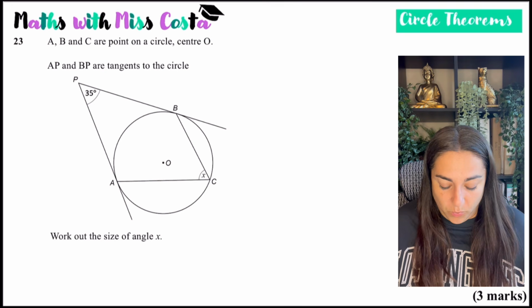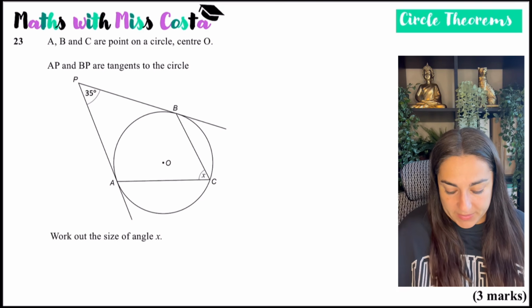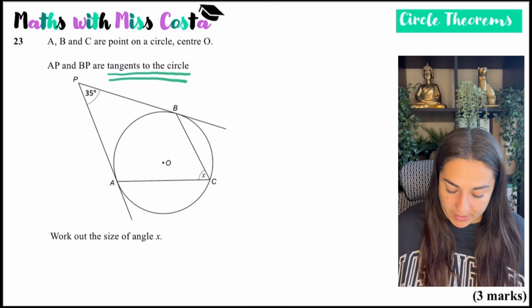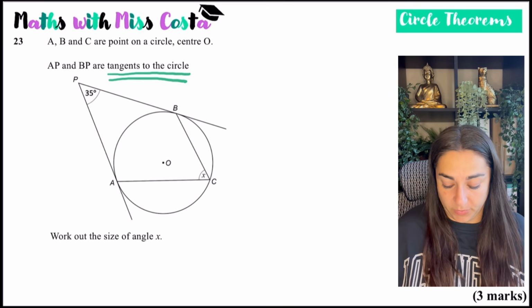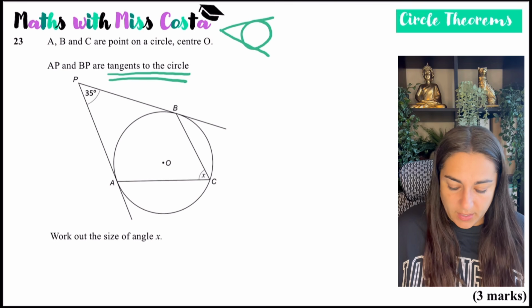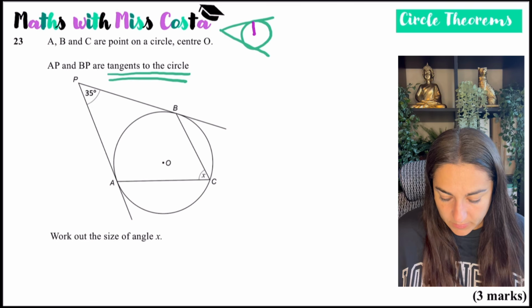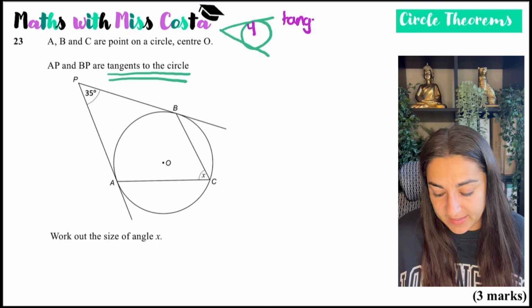So what are the clues as to what circle theorems I might be using? Well, I know that we've got tangents to a circle. And what do we know about a circle theorem that involves tangents to a circle? Well, I know that a tangent and a radius meet at 90 degrees.